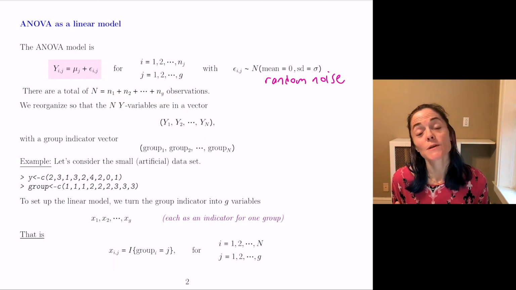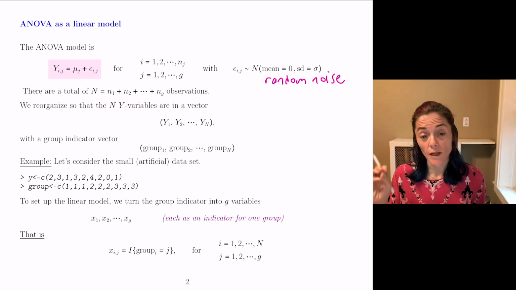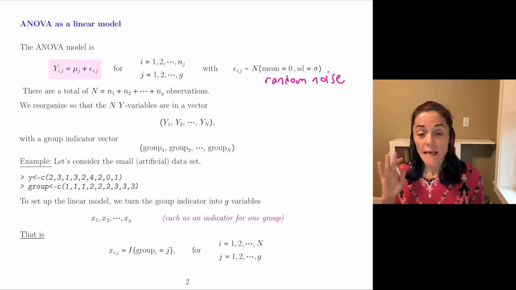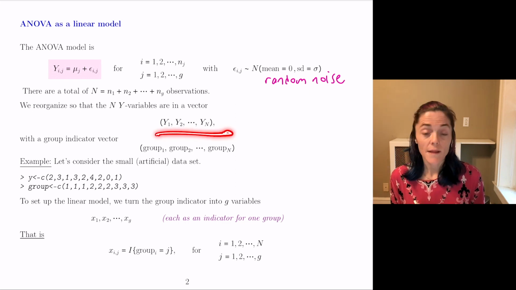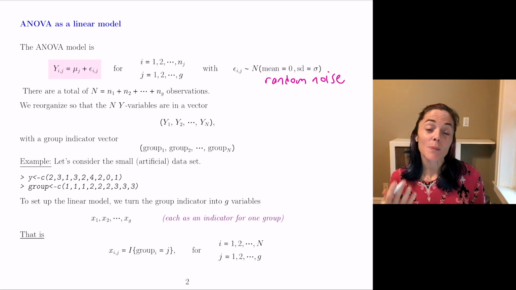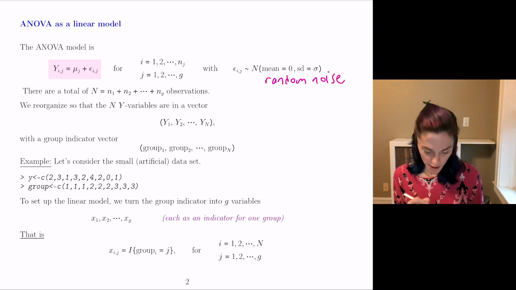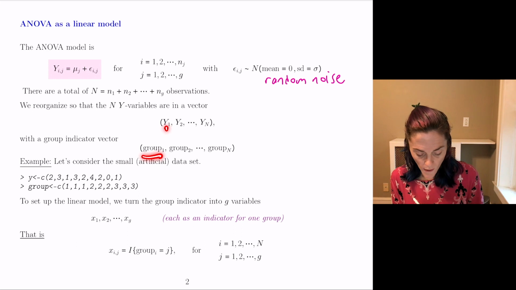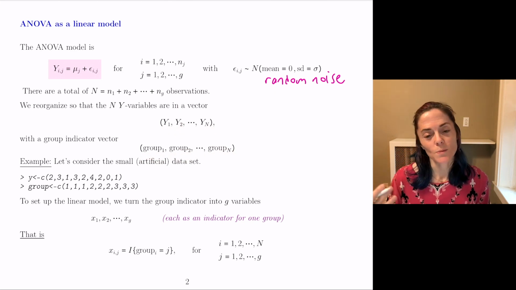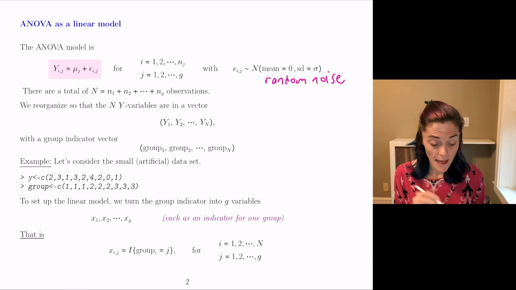Now, what we can do is reorganize. We have a total of capital N observations. We can reorganize the capital N Y variables into a vector, Y1 through Y capital N. And we'll have a corresponding group indicator vector, where this is just the group of Y1, this is the group of Y2, out to the group of Y_N. Now, this is how we were presented with our small artificial data set last time.